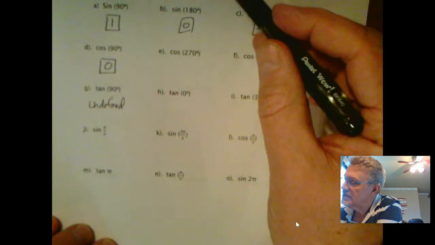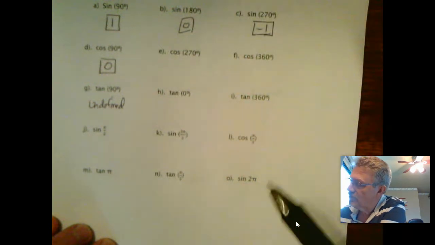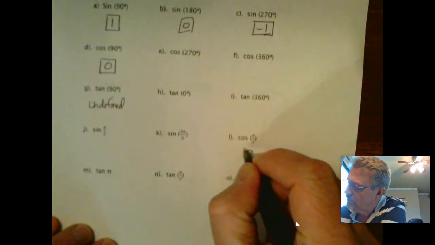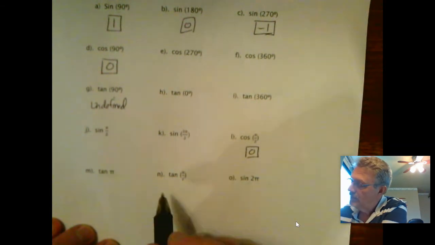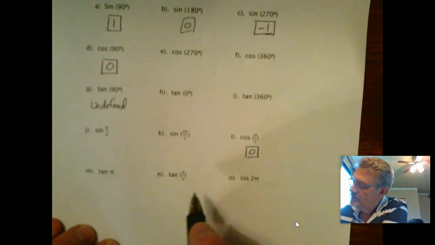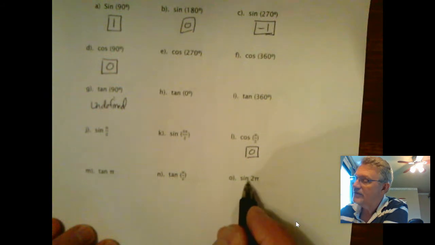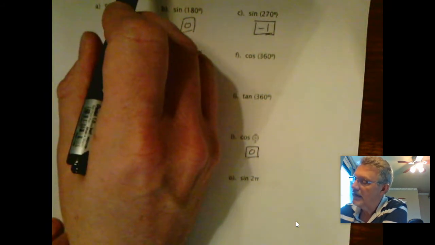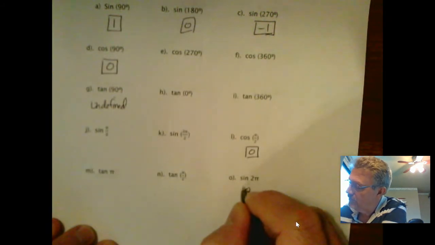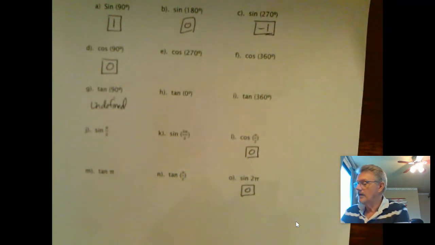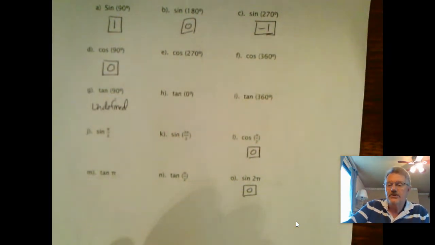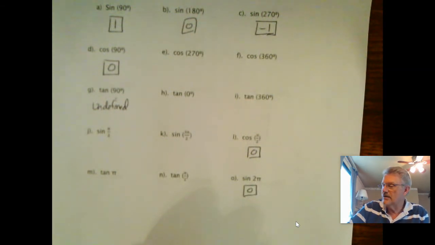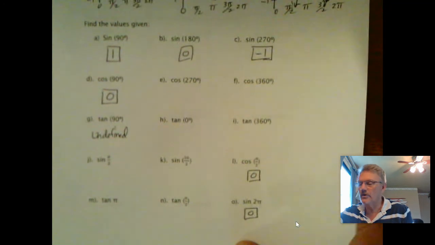Pi over 2 is 90, so the y value is 0. Sine of 2 pi, sine is 0. So all these numbers, the answer should be either 0, negative 1, 1, or undefined. I'll let you finish those out for your homework.